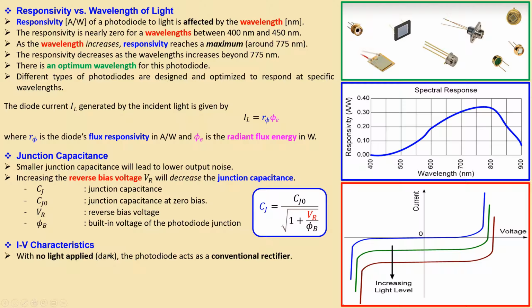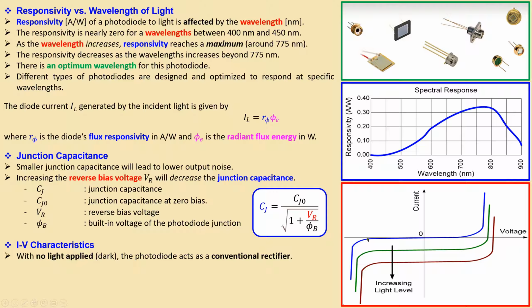So with no light applied, in the dark, the photodiode acts as a conventional rectifier. Just look at the blue line, which is for a case where you have almost no incident light. This is just a very simple signal diode, which will conduct at around 0.7 volts, and then go exponentially up in the current as you increase the voltage.